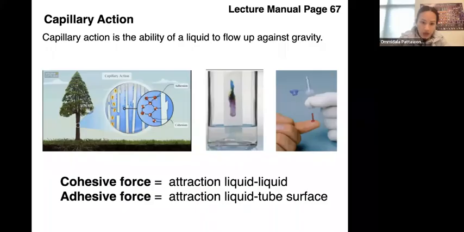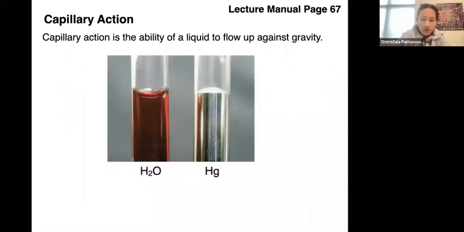Cohesive is going to be the attraction between liquid molecules, and adhesive would be between the liquid and the tube surface. The relative strength between the cohesive and adhesive force will determine the shape of the meniscus of the liquid inside the tube. For example, as you see in this figure right here, one is water and the other is mercury.